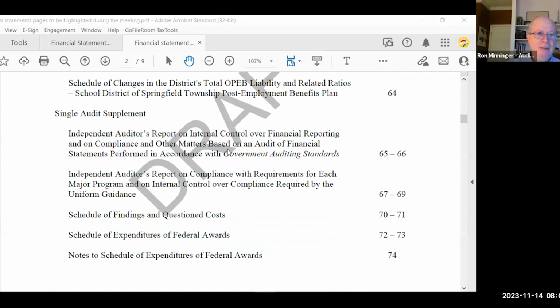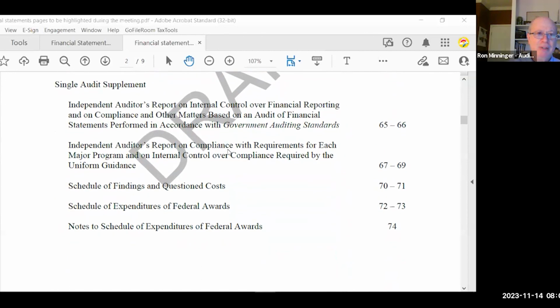And then lastly, we have the single audit section, which contains a report on internal control over financial reporting and compliance. And secondly, we have a report on the compliance with the requirements of each major program.